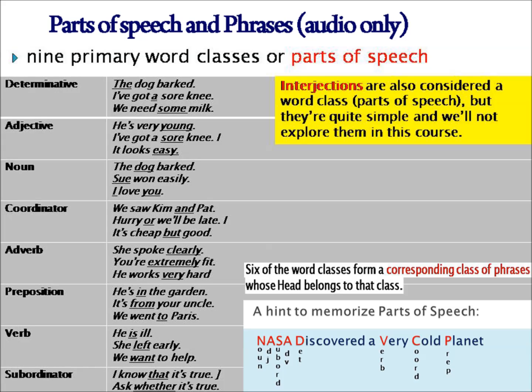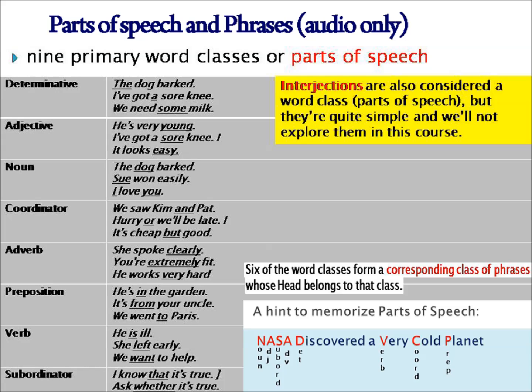Word classes like verbs, adjectives, etc. So, we have the determinative, the adjective, the noun, the coordinators, the adverbs, the prepositions, the verbs, and the subordinators. Okay? Let's hold on.